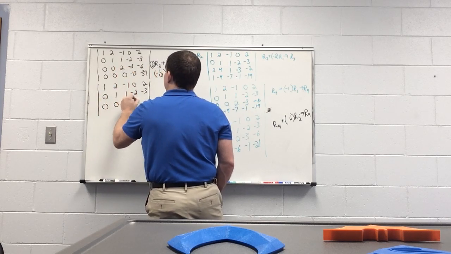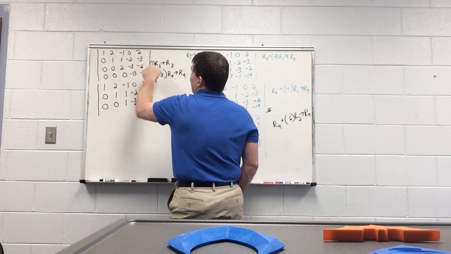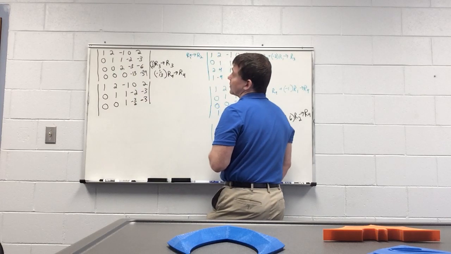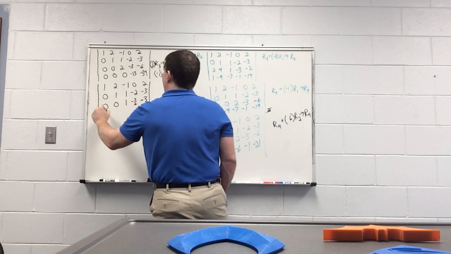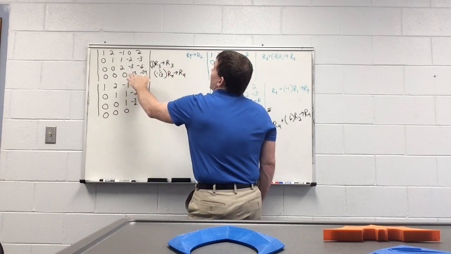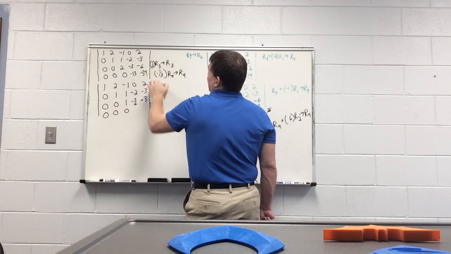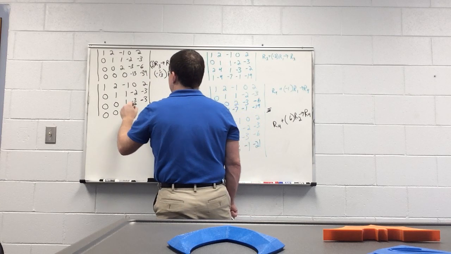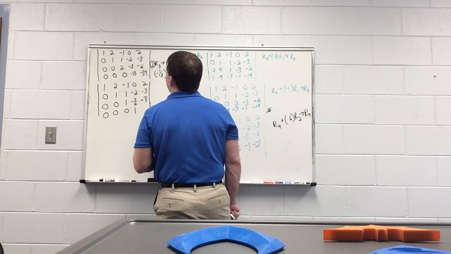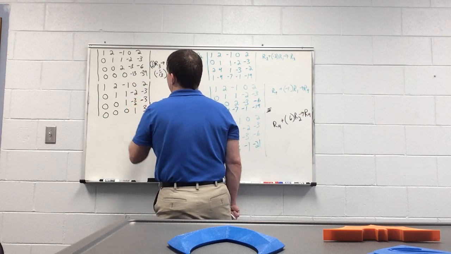Negative 3 times a half is negative 3 halves. Negative 6 times a half is negative 3. Bottom row, 0, 0, 0. Negative 13 times negative 1 over 13 is positive 1. Negative 13 times negative 39 is positive 3.